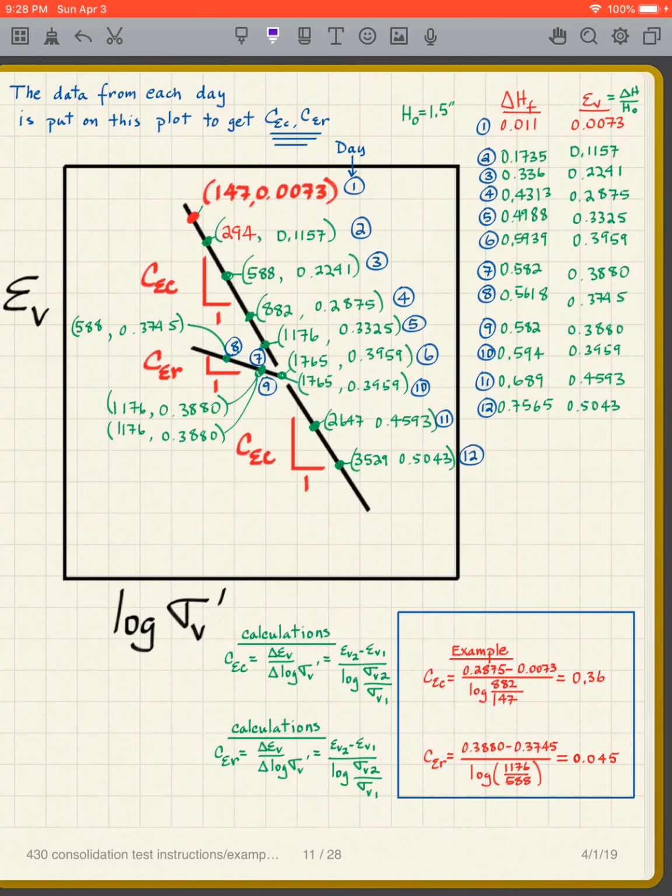That's all we want. We want the sigma, and we want the epsilon V. You can do the calculations yourself, but what I did, I came up with all the sigmas. So here are my sigmas for the different days.